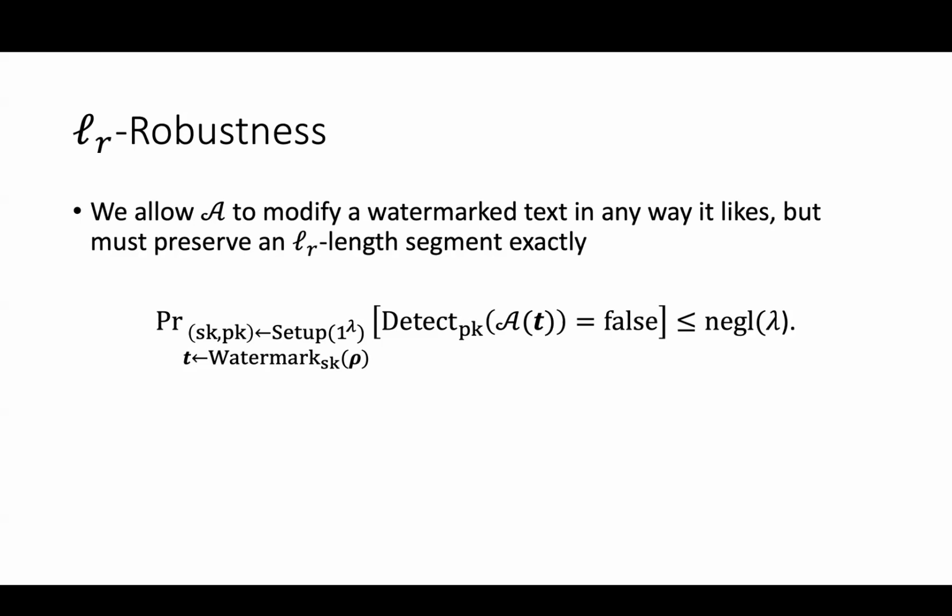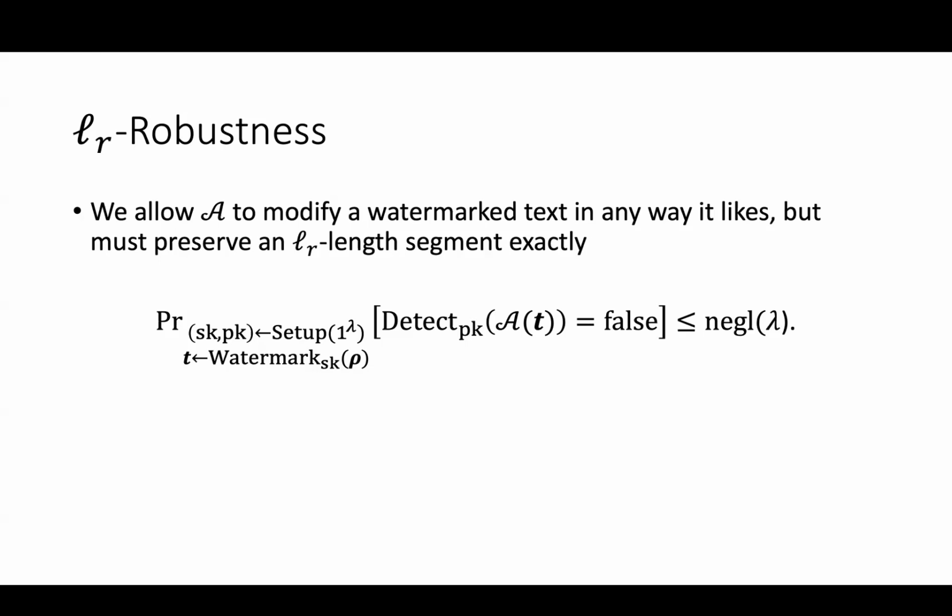Finally, we have another parameter LR for the robustness, where we want to say that the attacker can modify the text any way it likes, as long as it leaves a continuous segment of length LR. The attacker is not going to be able to remove the watermark. So it's both a strong and a weak requirement. You can change anything around as you like, but there has to be this LR length segment that's completely untouched.